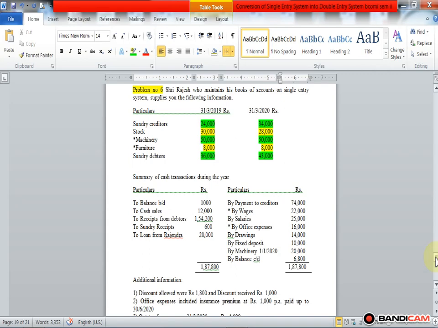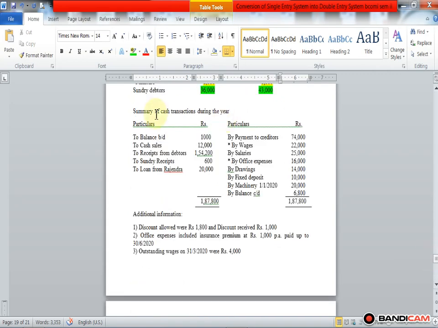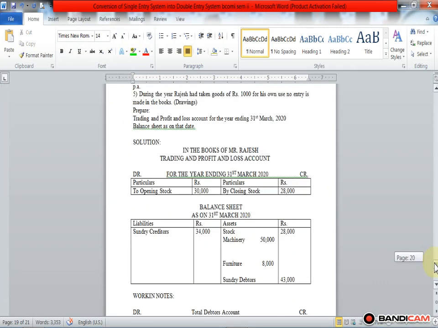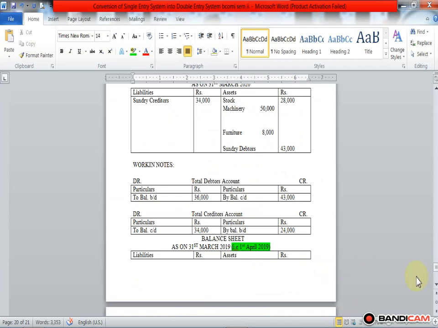Now we transfer the cash transactions to the respective accounts. Here, to balance brought down means the opening balance of cash. So the opening balance of cash is our opening asset. Opening asset is transferred to the opening balance sheet asset side.